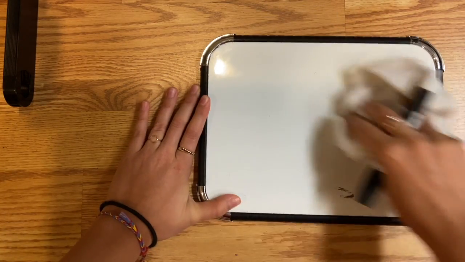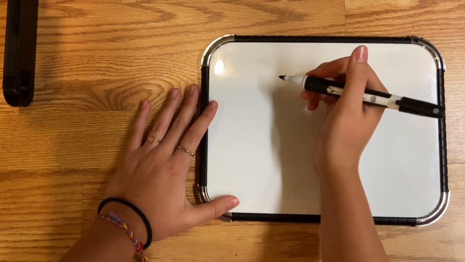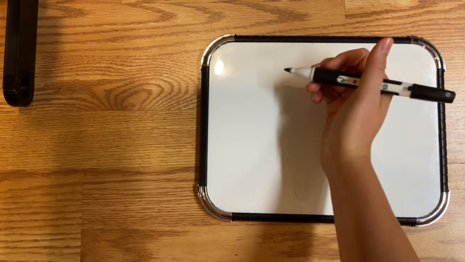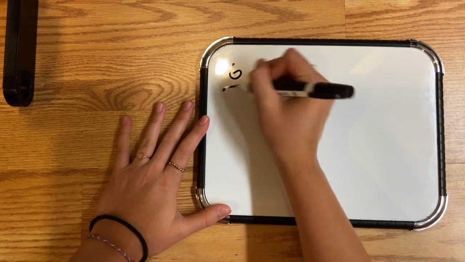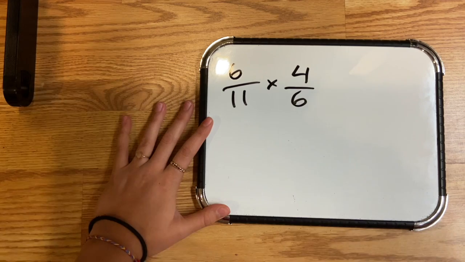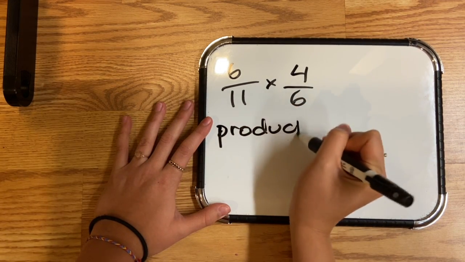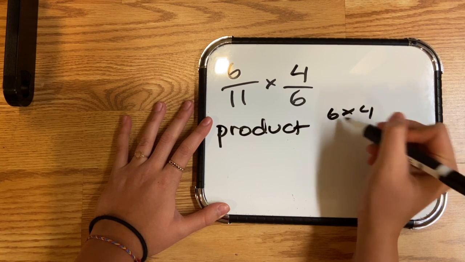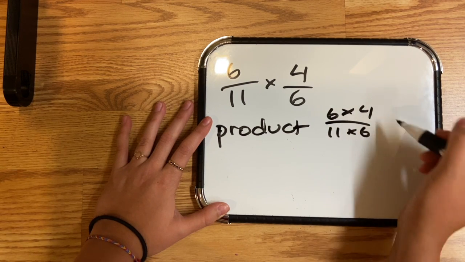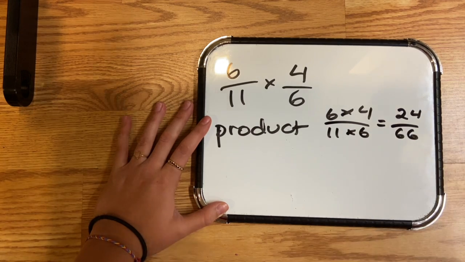All right, let's do one more example for this video and then I'll send you on your way. We are going to try multiplying 6/11 times 4/6. All right, so we're going to do the same thing. We're going to say the product will be 6 times 4 over 11 times 6. And that gets us 24 over 66.